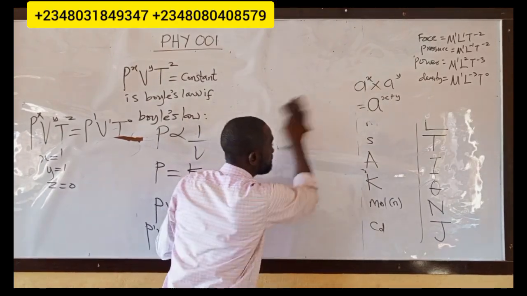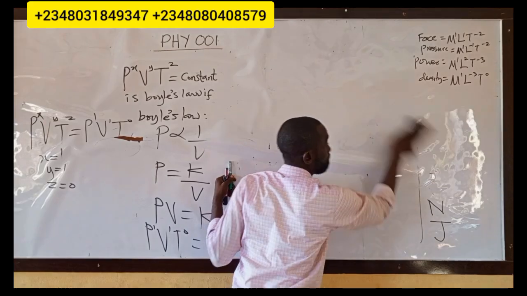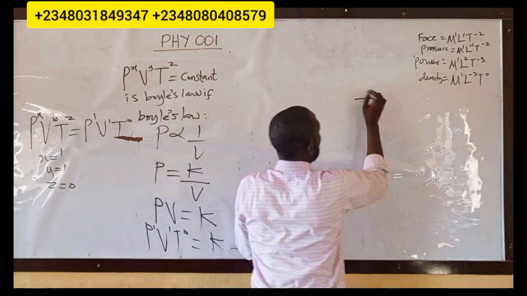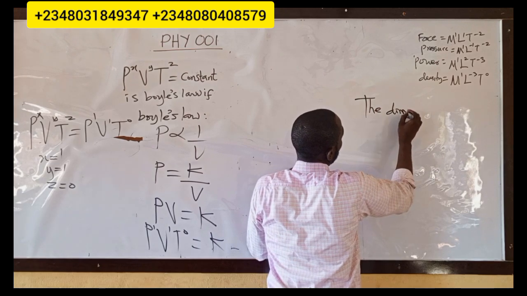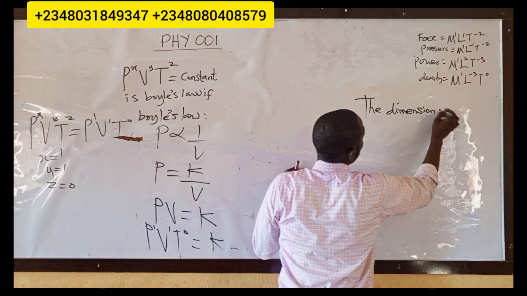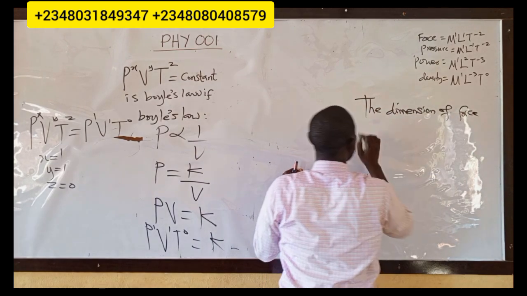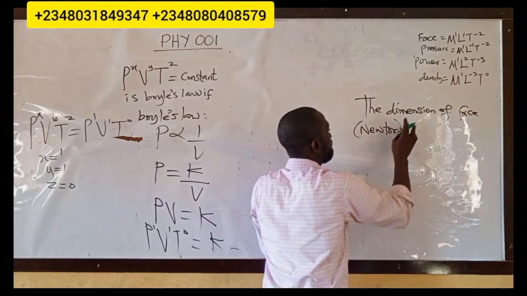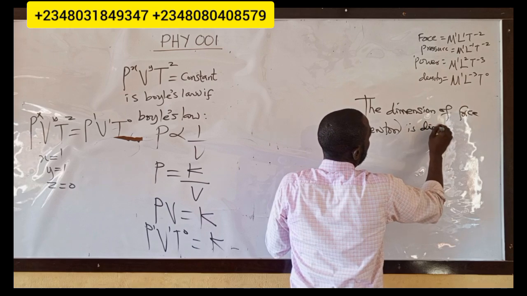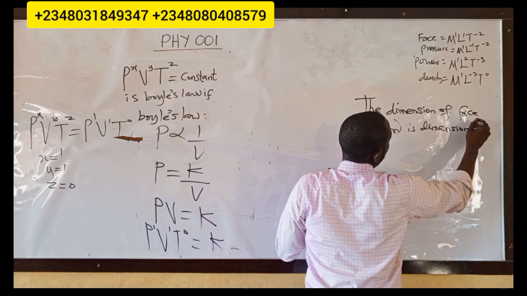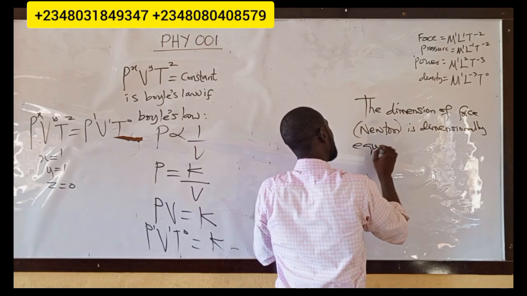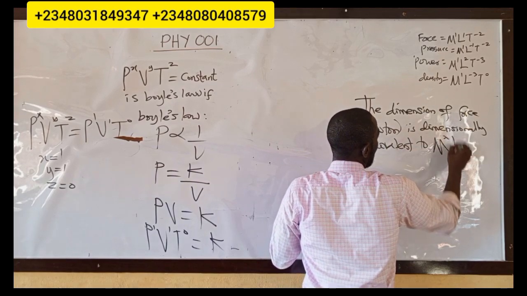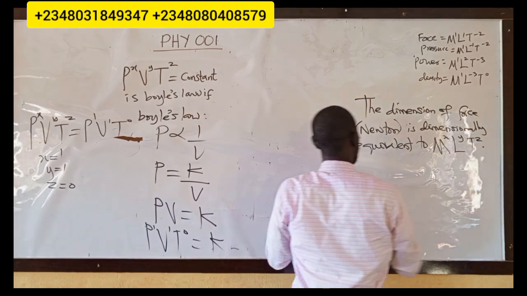The dimension of force. Now put in bracket: Newton is dimensionally equivalent to x power x, x power y, x power z.